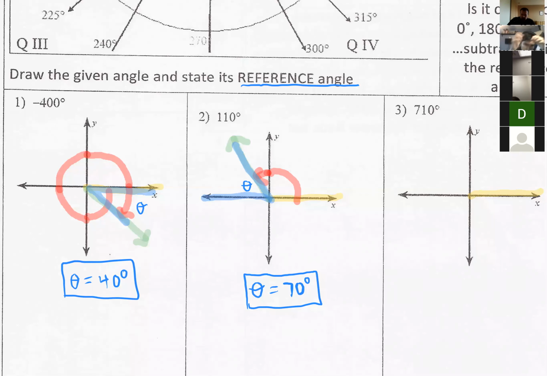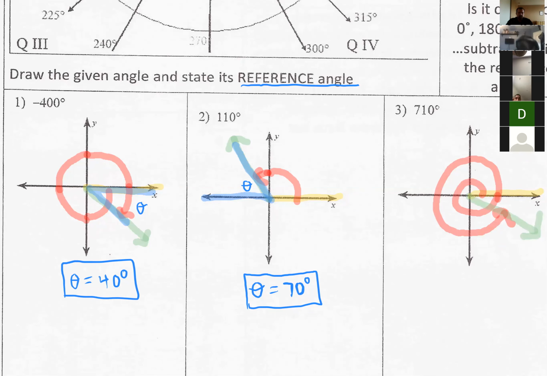So this is about 10 short of the x-axis. So I'm gonna draw a red arrow. So that's how you draw 710 degrees.